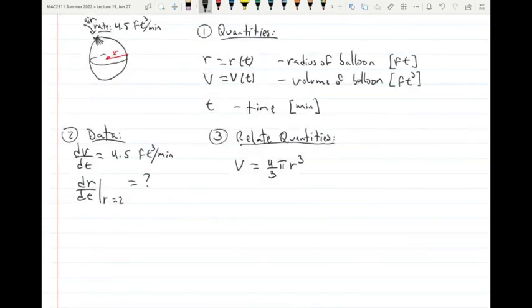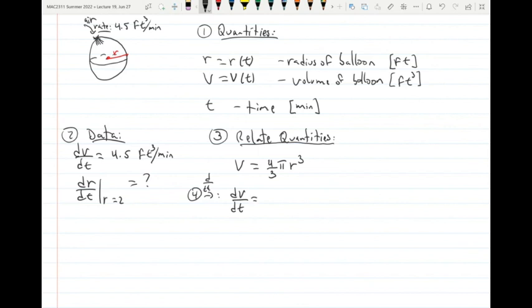Okay, so then step number 4: find the derivative with respect to t. So we have dv dt.